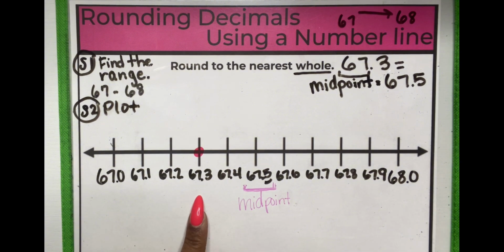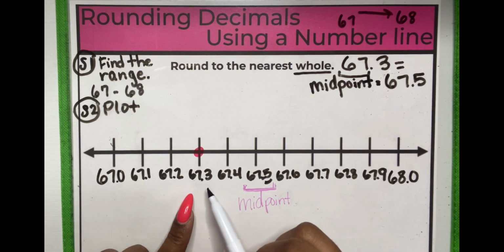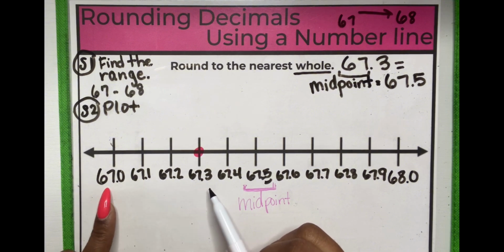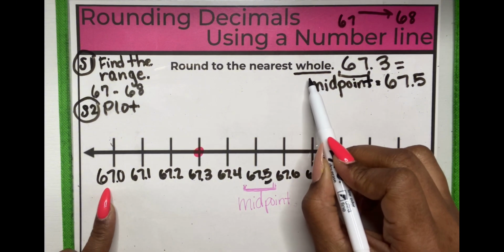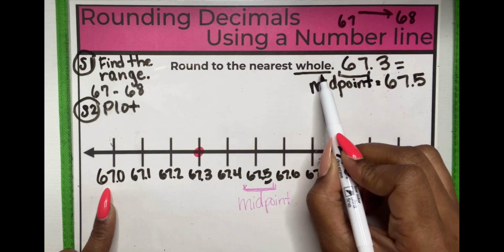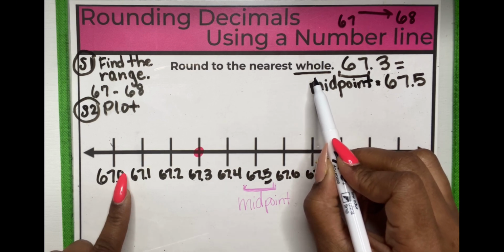Now let's analyze. Let's think about our number line and our location. Looking at 67 and 3/10, is it closer to 67? Because remember, our target is the nearest whole number. Is it closer to 67?